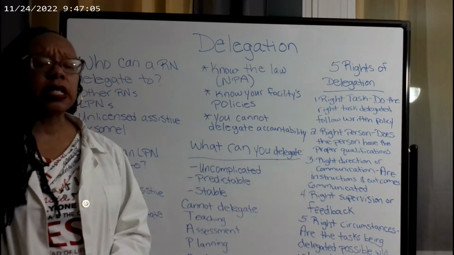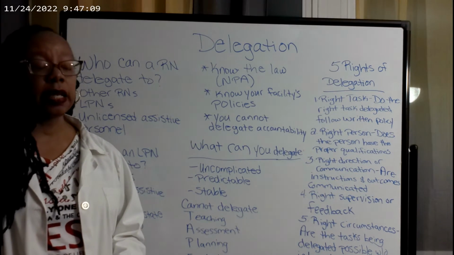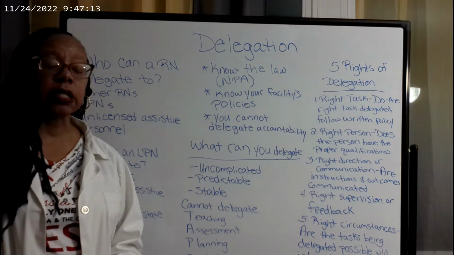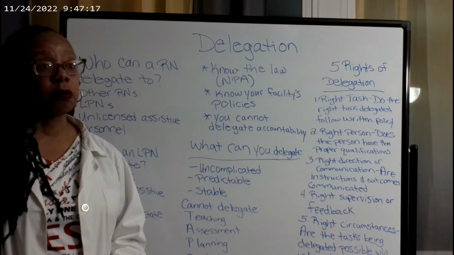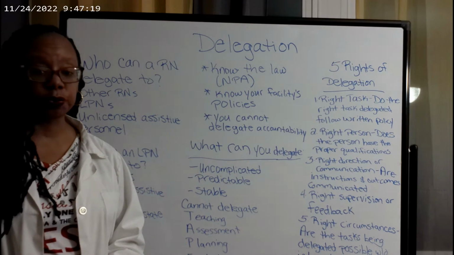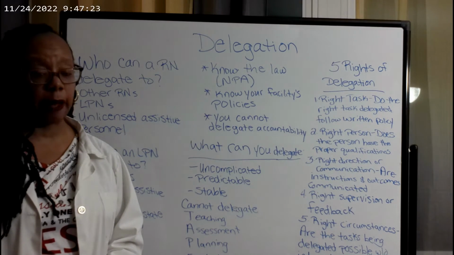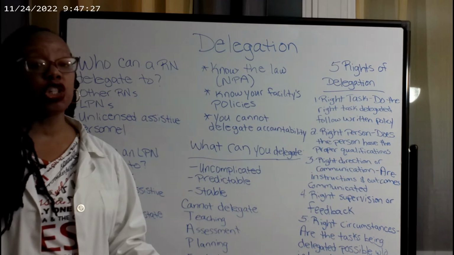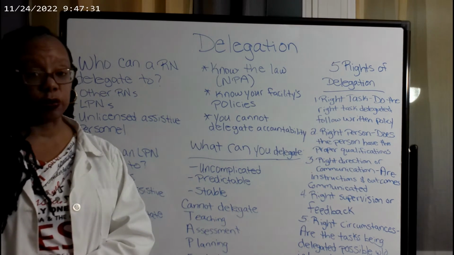The other thing I want to say is, if you are the RN delegating and you have LPNs and unlicensed assistive personnel to delegate to, you want to use your LPN where you can best use your LPN. So yes, my LPN can actually do everything my unlicensed assistive personnel can do.